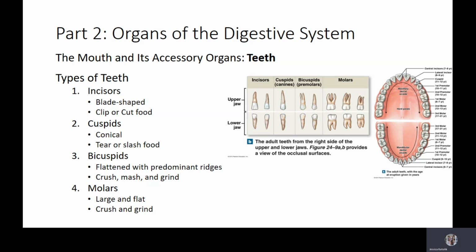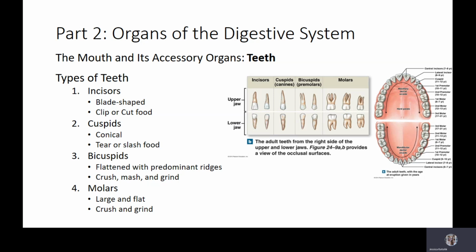Further back, we're going to have the bicuspids, and the bicuspids get their name because they have 2 points, bi meaning 2, cusp meaning point, and these are going to be flattened ridges that crush, mash, and grind food.